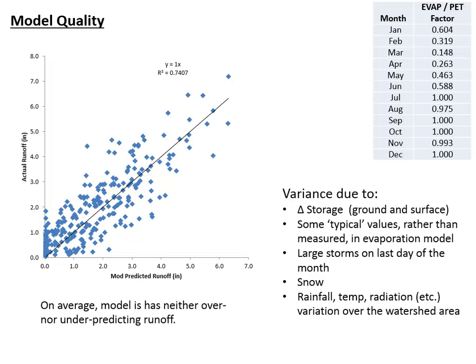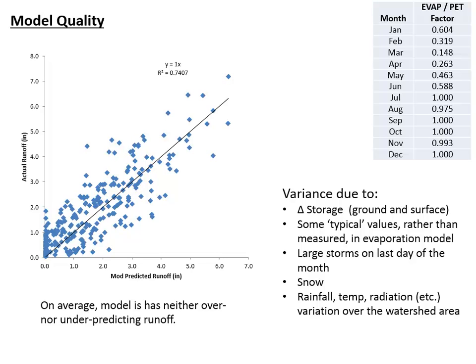Other variants, like I just mentioned, are the change in storage groundwater. Some of the other variants is because in the evaporation model, which I'll open up the spreadsheet in a minute, the values that I used are just sort of typical values rather than actually measured on a daily basis.